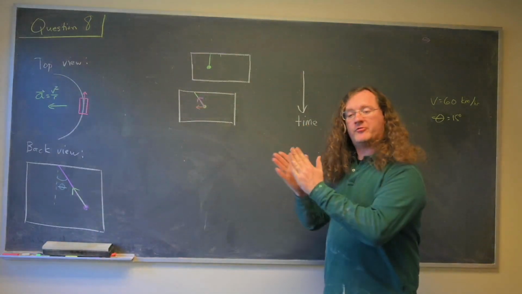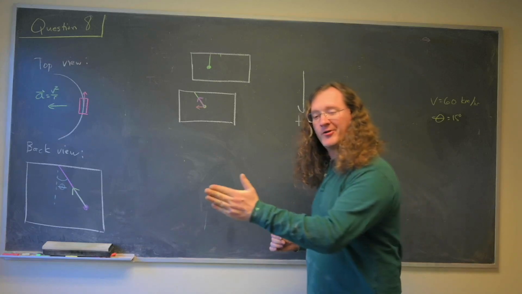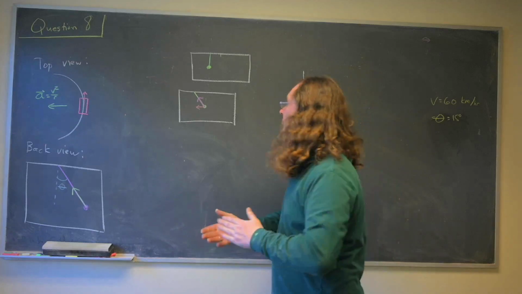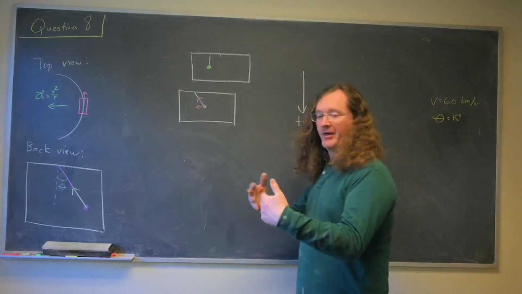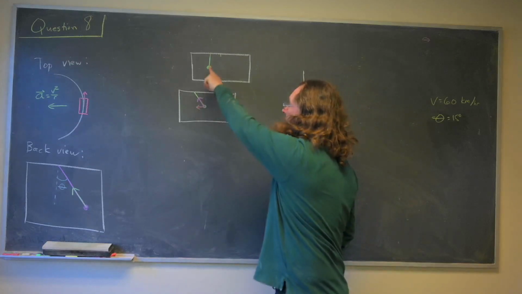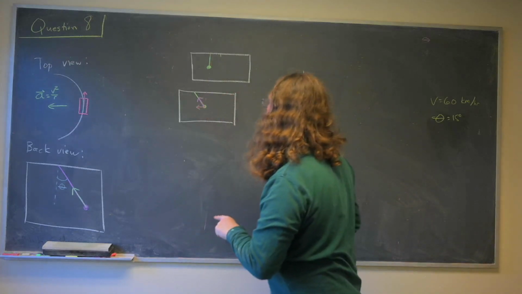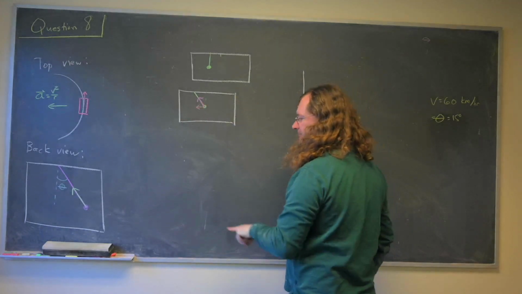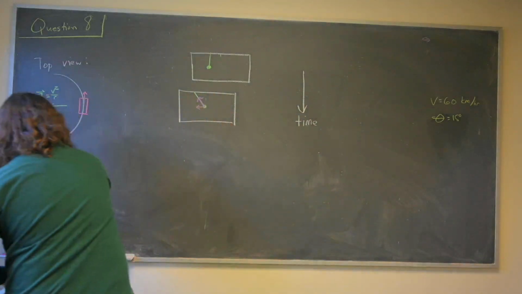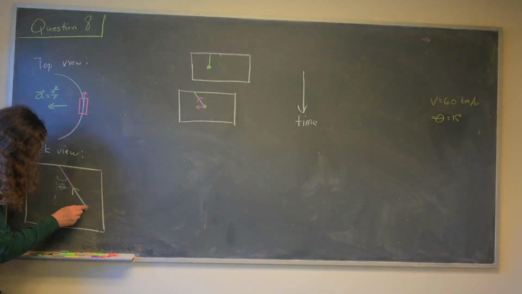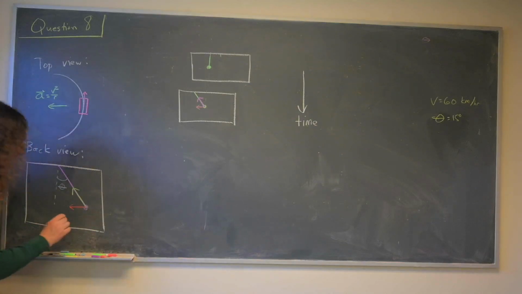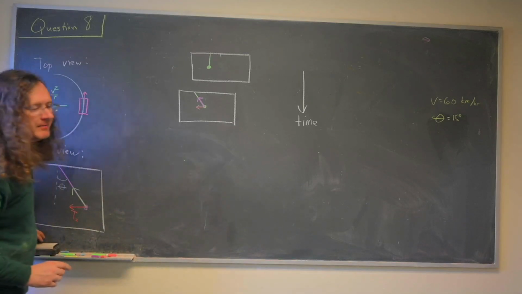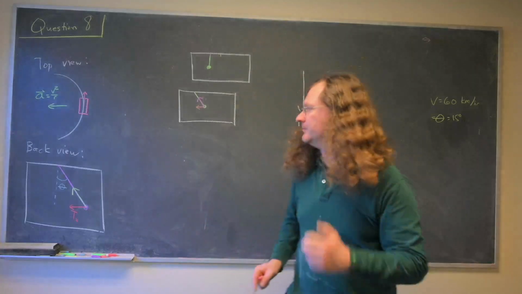The subway car is moving straight ahead, and then the subway car turns to the left. As it turns to the left, the ball needs a force to the left as well, because without such a force, it would just continue straight ahead. Once this tension force is diagonal, it will now have a leftward component, which I'll label Tx, bringing it to the left and making it accelerate along with the car.